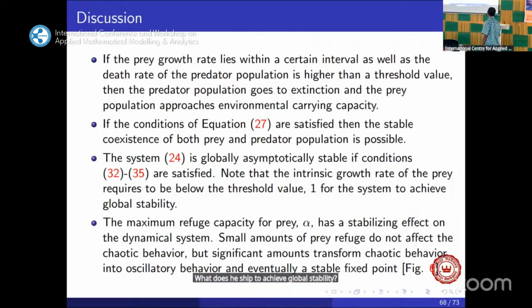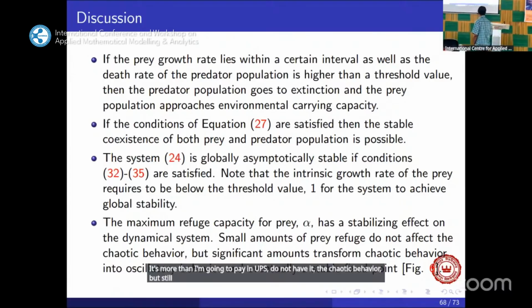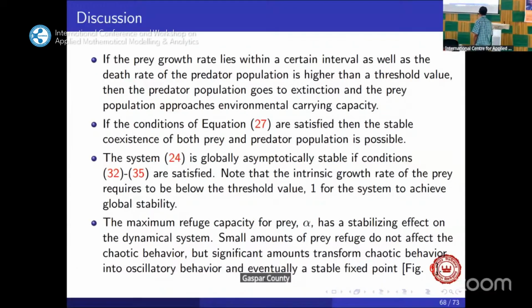The maximum harvesting of the prey: earlier we have shown the result, 1.6 is stable, has stability, because it affects the dynamical system, otherwise it is a limit cycle. A small amount of prey harvesting does not affect the chaotic behavior, but a significant amount transforms chaotic behavior into oscillatory behavior and eventually a stable fixed point.